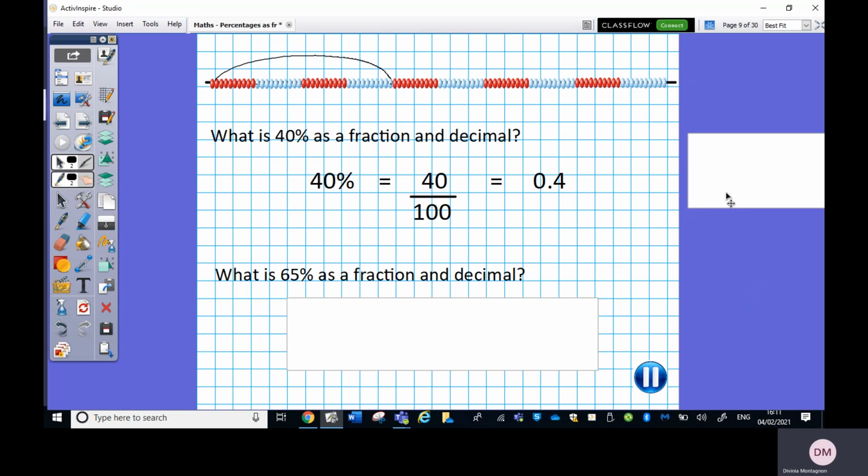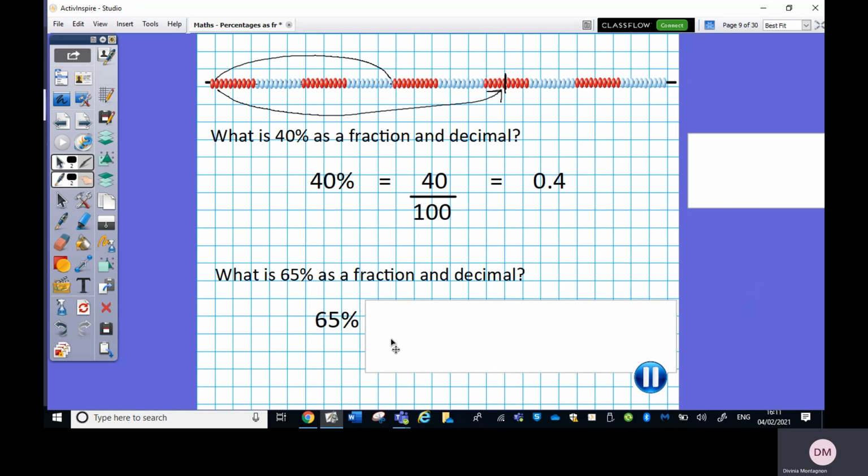What about 65 as a fraction or as a decimal? We have 10, 20, 30, 40, 50, 60, and 65 would be here. So that's 65. How would I write that as a percentage? Tell me. Good, 65.